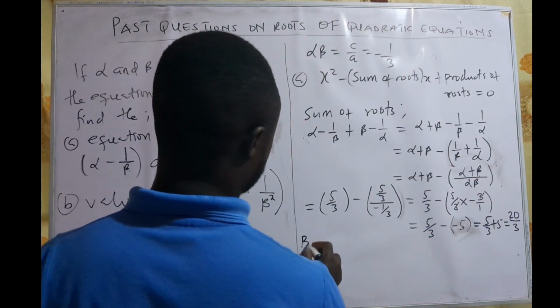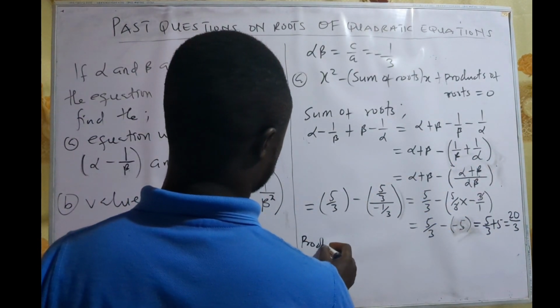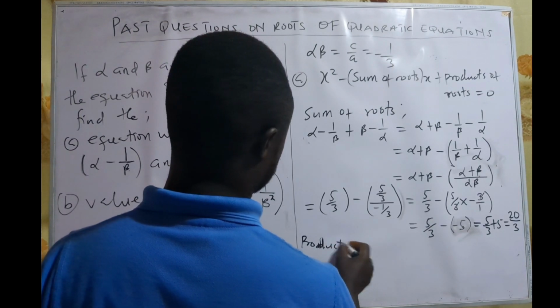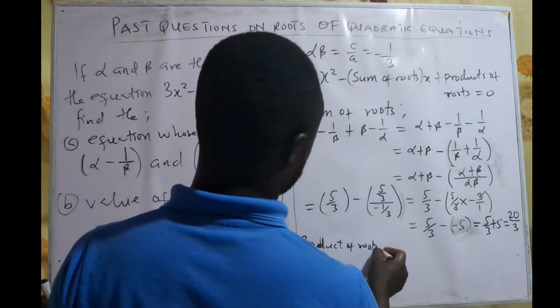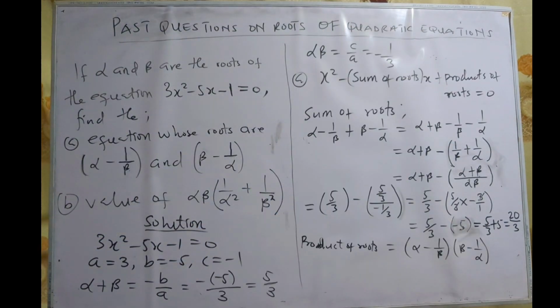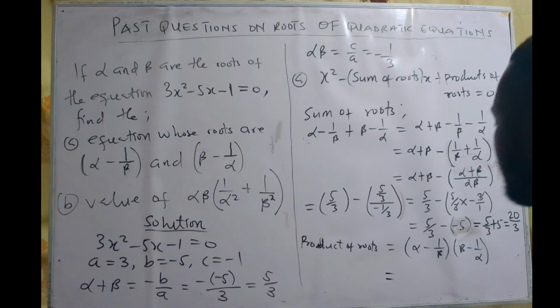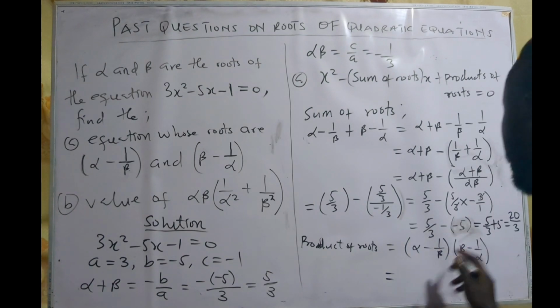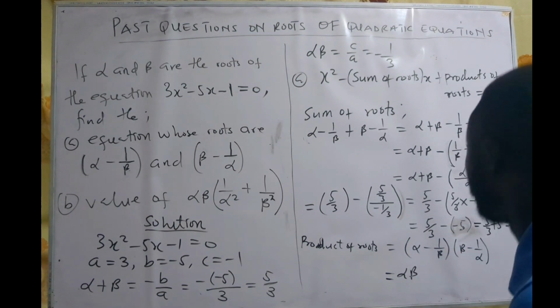So product of roots. So we are going to multiply. So as we multiply, let's see what we are going to get. Alpha times beta will give me alpha beta.